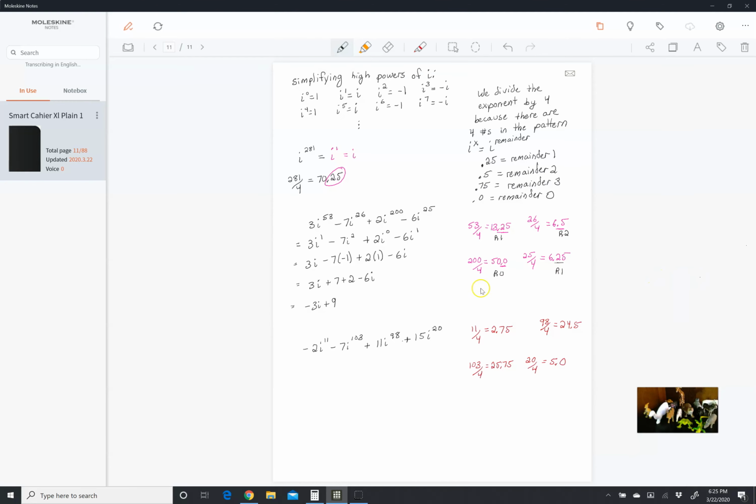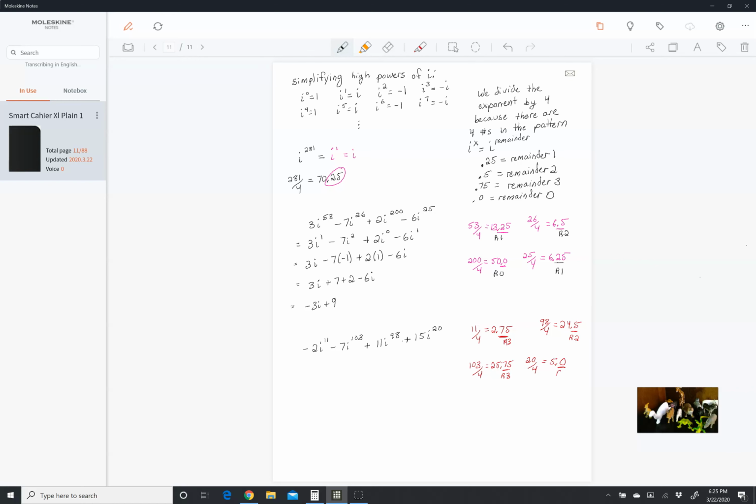So we could go back here and we're going to look at our decimals. 0.75 is a remainder of 3. 0.5 is a remainder of 2. 0.75, a remainder of 3 again.